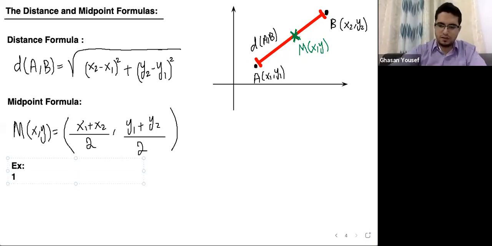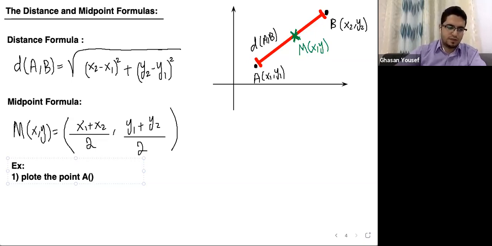The first one, plot the point A. The first point, A, is -4, comma, -3. And the second point, B, is 3, comma 2. This is the first part of this question.